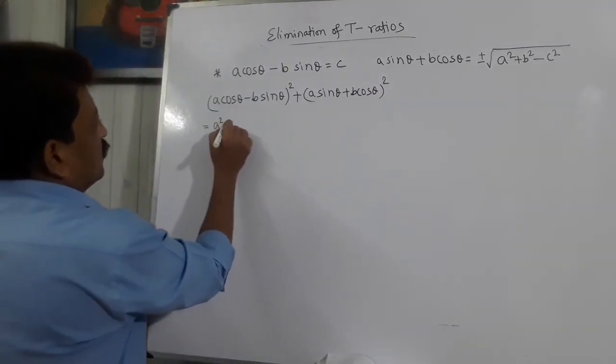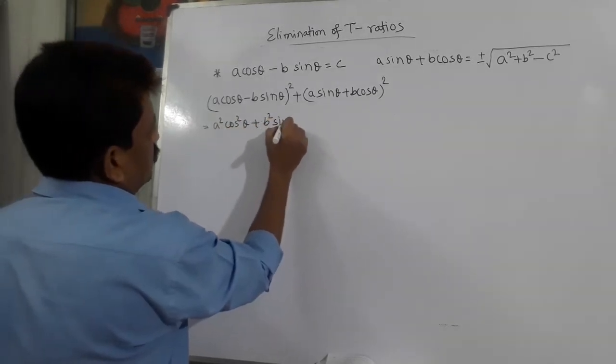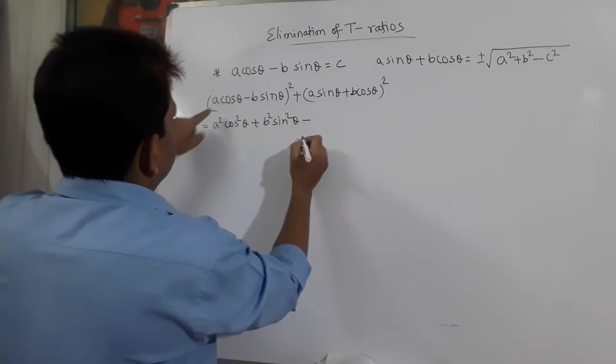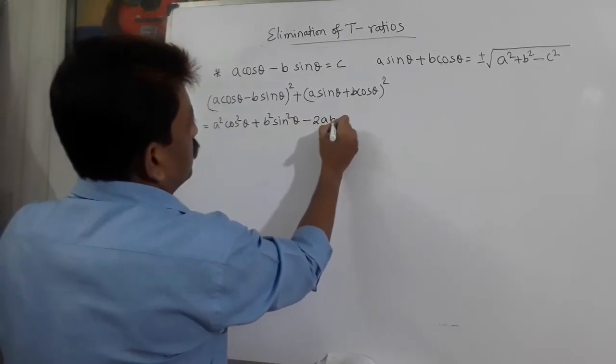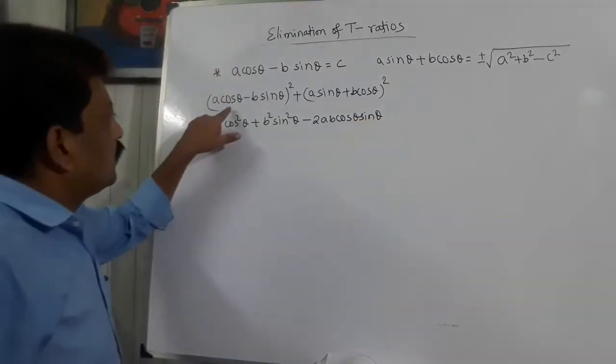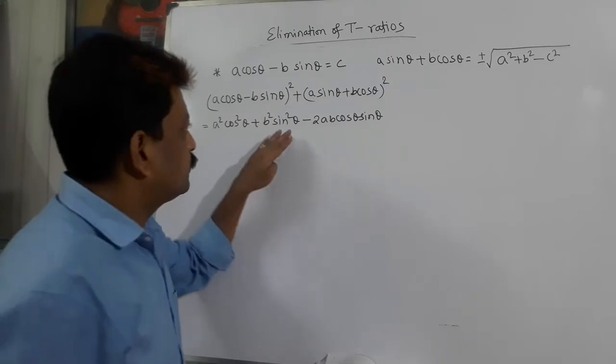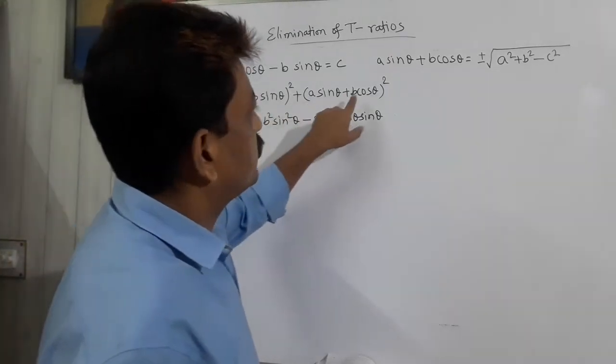This is A square cos square theta plus B square sin square theta minus 2AB cos theta sin theta. Here the identity (A minus B) whole square has been used, and here it will be (A plus B) whole square.